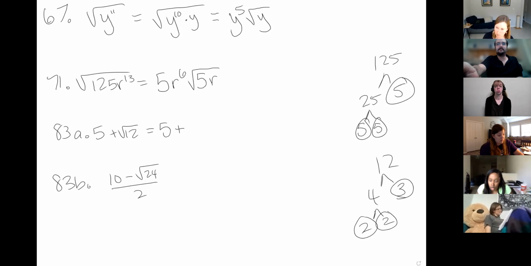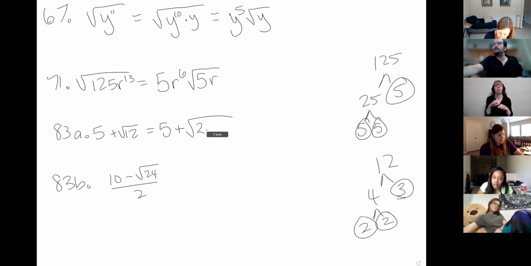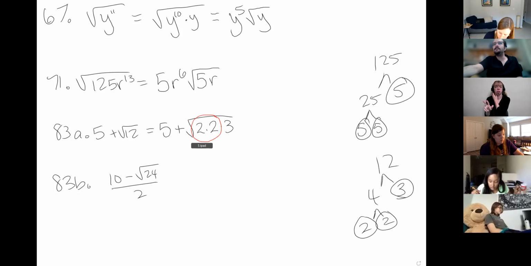I'm not really sure. 5 plus this. So when I did the tree, I got 2 times 2 times 3. So I can circle the 2. And then you have a pair of 2. Good.